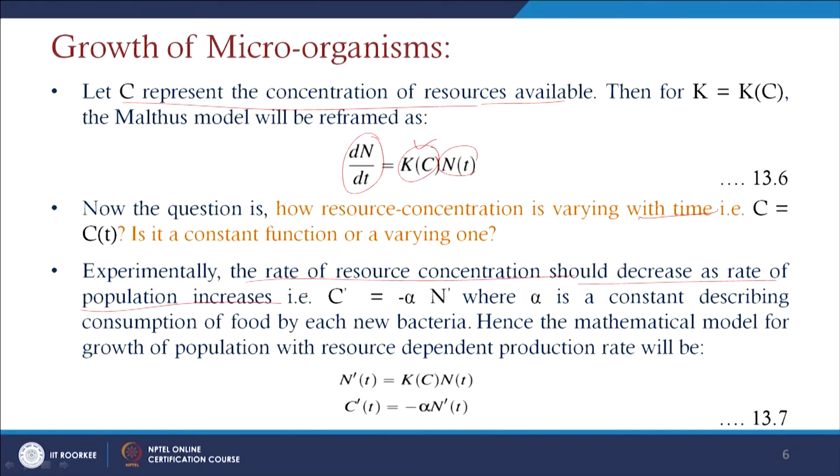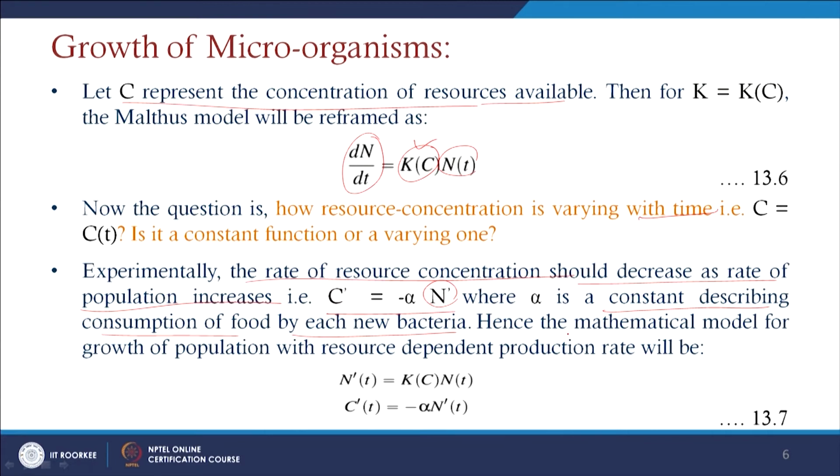So, we can write C prime as minus alpha n prime there, that is, the change of this resource concentration will depend directly, in a declining form, on the change of this population size, where alpha is a constant describing consumption of food by each new bacteria.